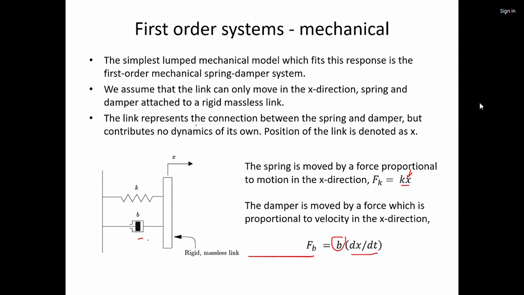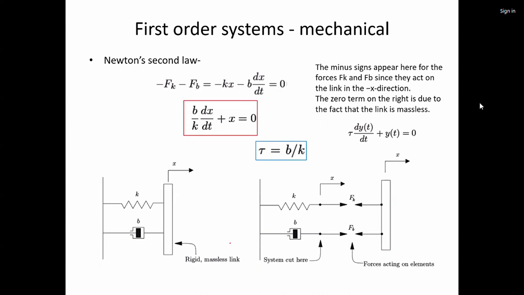So now if we do a force balance, okay, so for example, if you cut the system here, you see that there will be spring force and the dashpot, the damping force coming in this direction on the spring and the dashpot. Similarly, on the massless link, it will be in the opposite direction, right? And so if you do a force balance, you can say that the spring force basically acts in the negative direction when the displacement is in the positive direction.